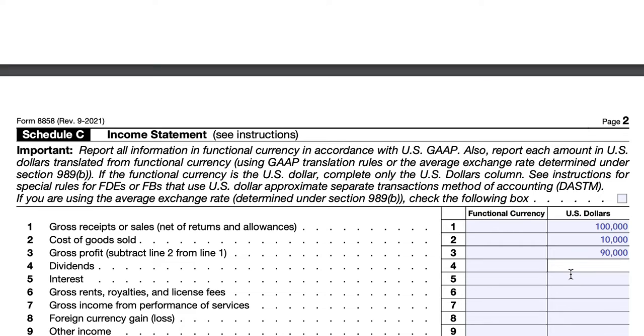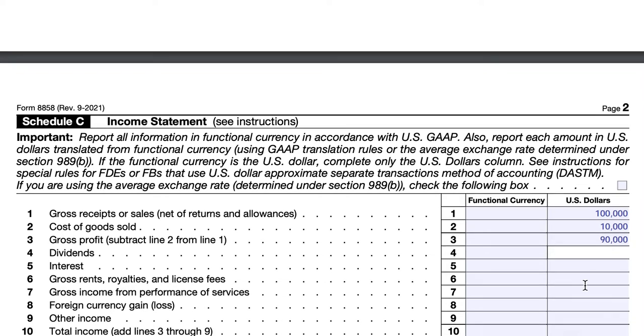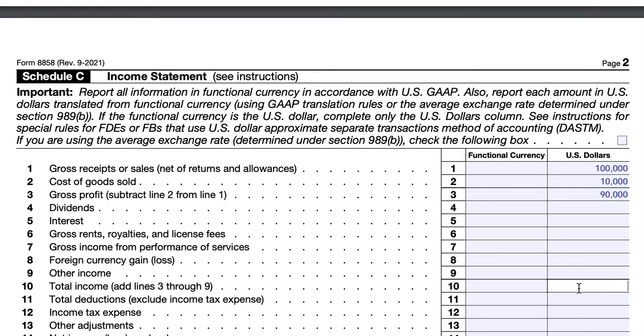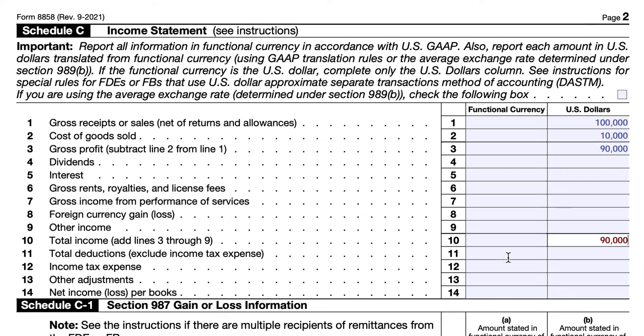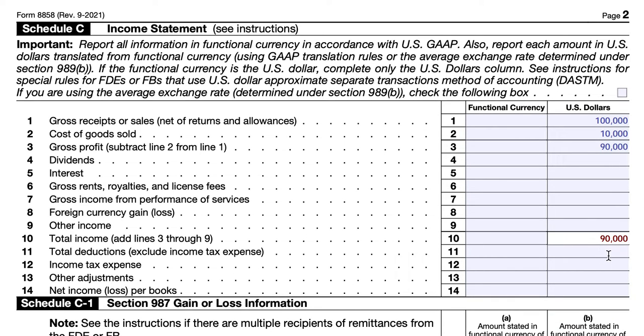We don't have dividends, interest, other forms of income, so we'll just drop down the $90,000 to here. Income tax deductions, I'll just say that there's $20,000 of taxes, $10,000 tax bill, $10,000 of other adjustments. When we strip all that out, we've got $50,000 of profit.